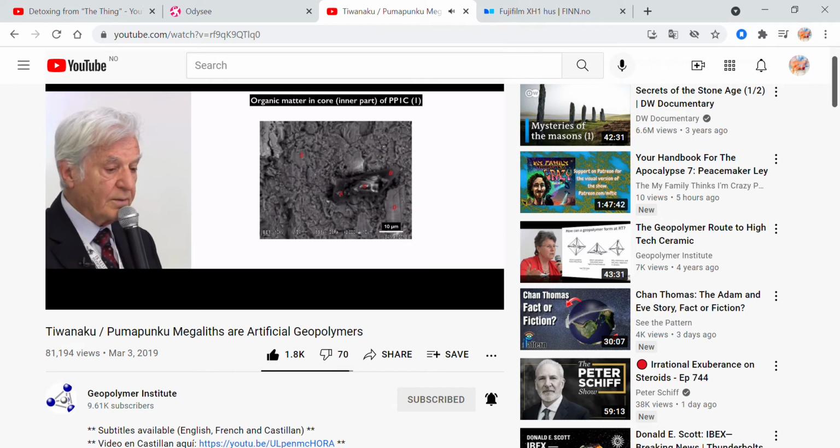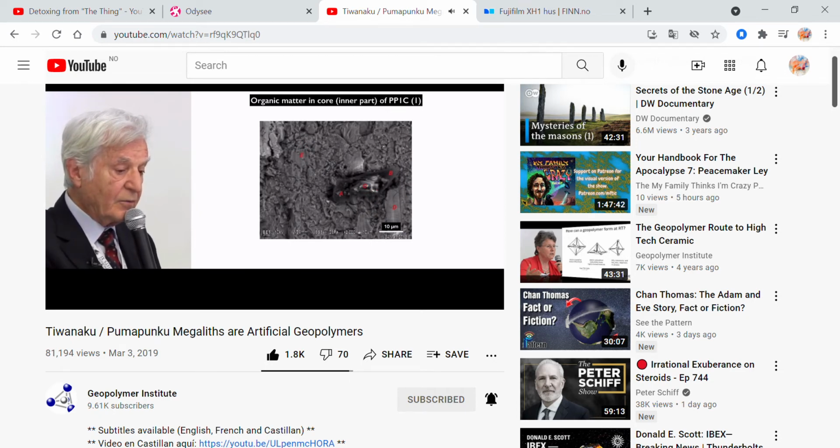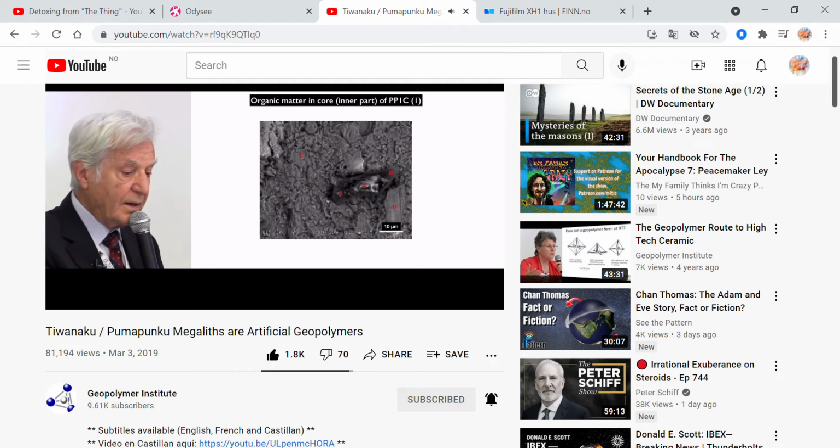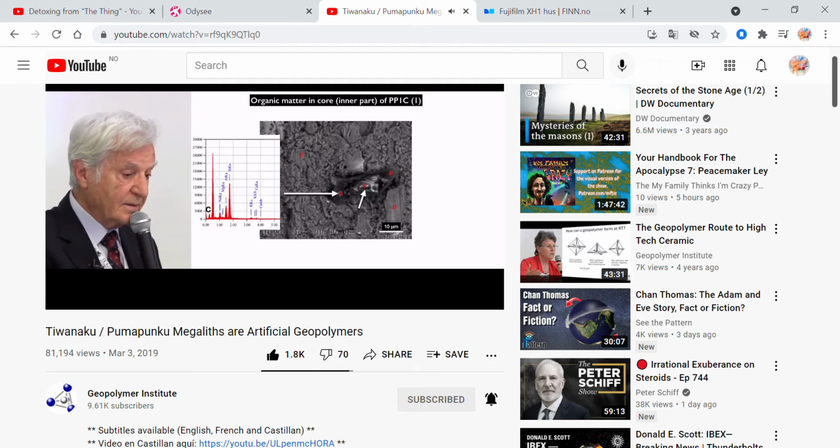Spot number one: you see the black system, all around is feldspars, and on top of the black surface we have a crystal element.